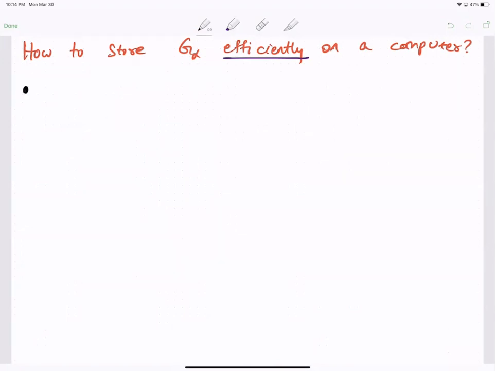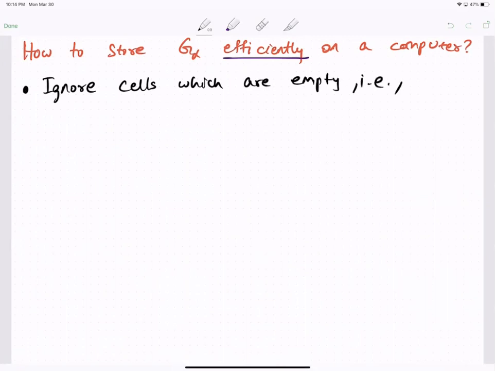So the first thing that you do is you ignore cells which are empty. It means no points lie inside them. That kind of makes sense, right? Why do you want to store them? So just ignore them.